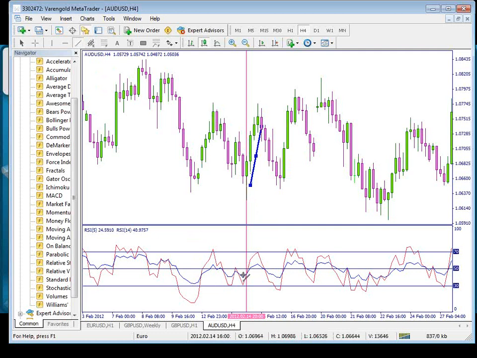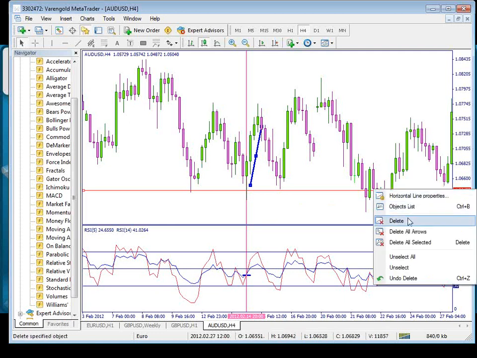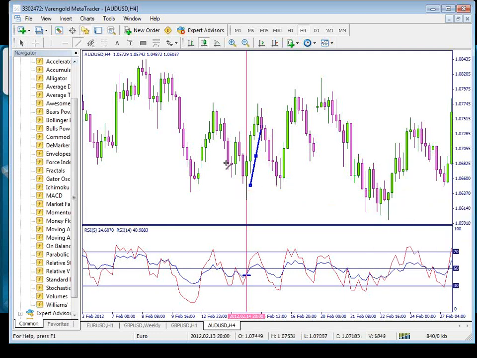So we have here the cross. We are preparing to go into one buy, and we can see that here at the same level in the same area we have the proper moment to go into one buy.